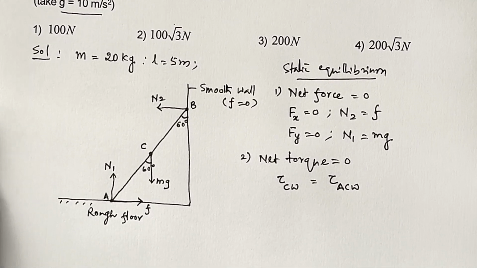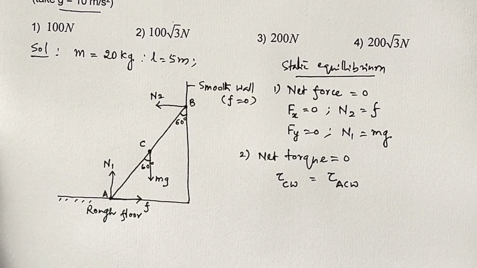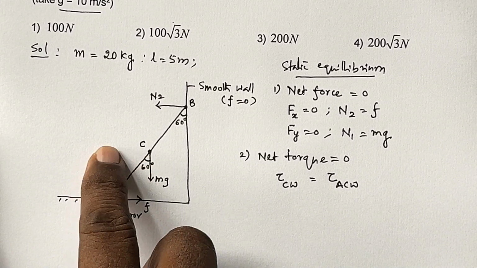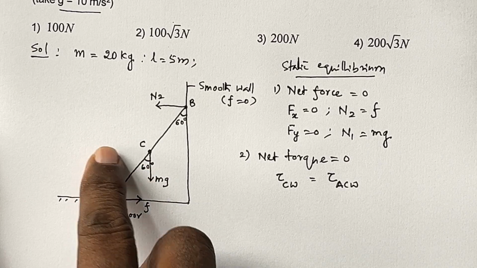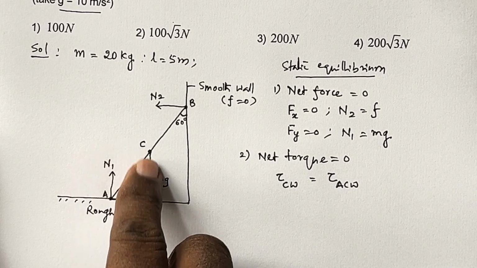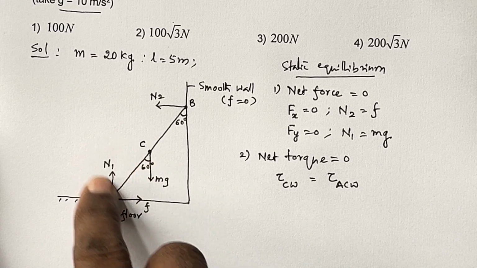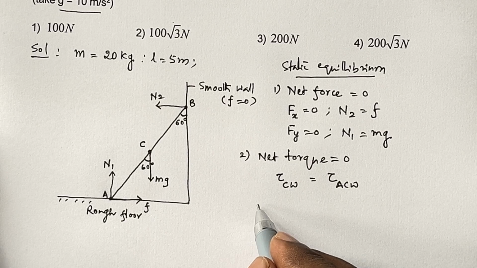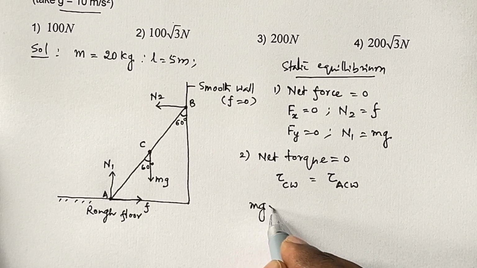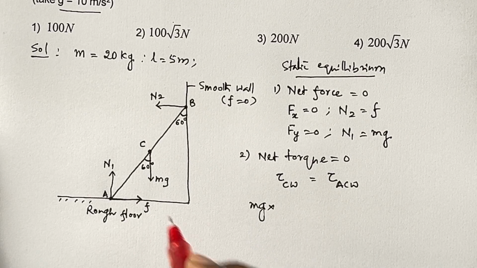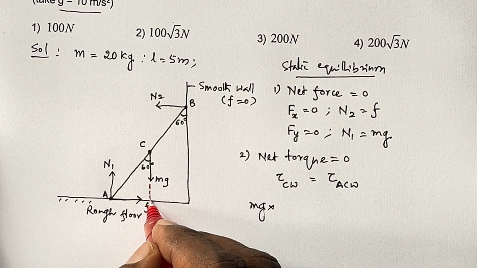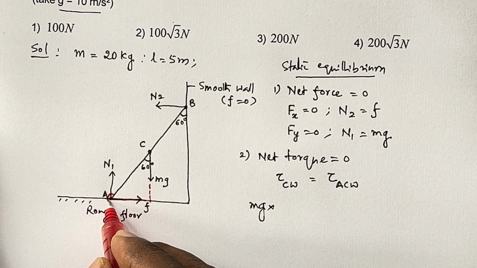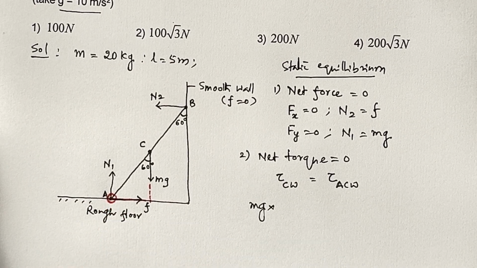So let us see which is in the clockwise direction. See, this mg, the moment of force mg, is in the clockwise direction. So the torque formula is force into the perpendicular distance from the axis of rotation. A is the fulcrum or axis of rotation.